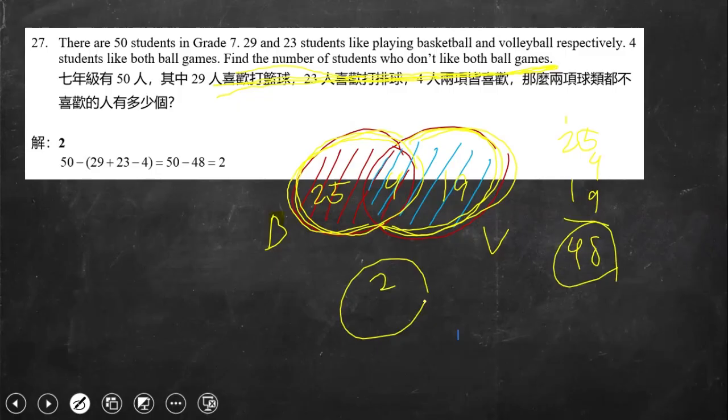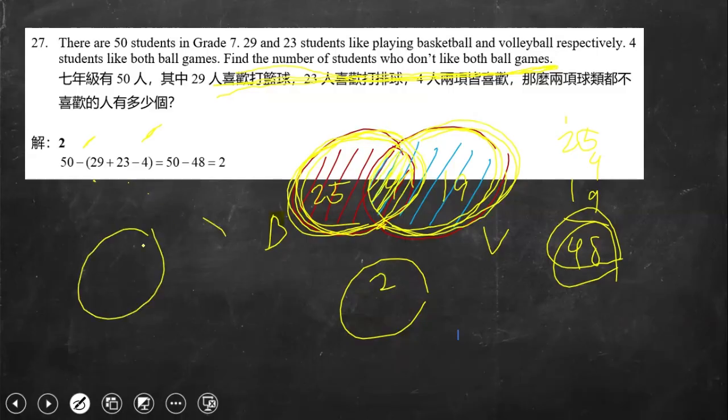In an easier way, we have 50. Then we have 29 plus 23 minus 4, because we have 2 circles and an intersection. It's a repeated part.